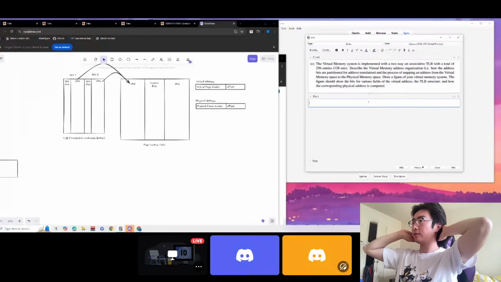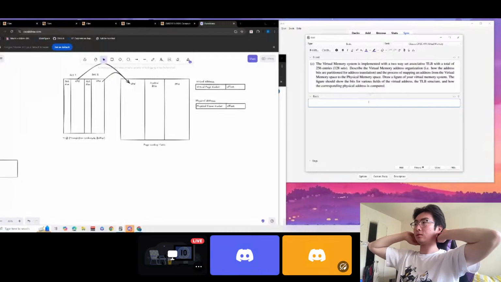Okay, I'm going to leave this for now. The figure should show the bits for various fields of the virtual address.